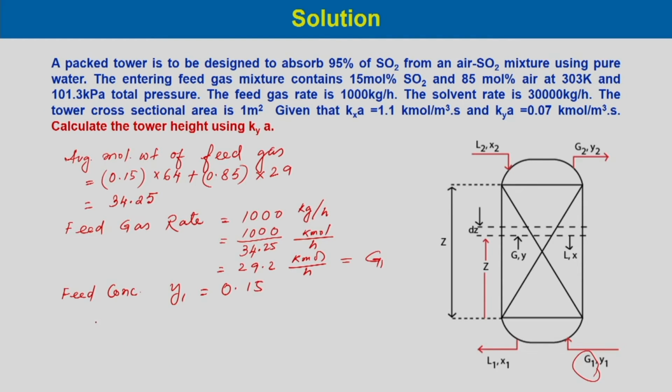If we want to calculate in mole ratio unit, capital Y1 would be equal to small y1 divided by 1 minus y1, which is equal to 0.15 divided by 1 minus 0.15, and this would be about 0.177. This is in mole ratio unit.